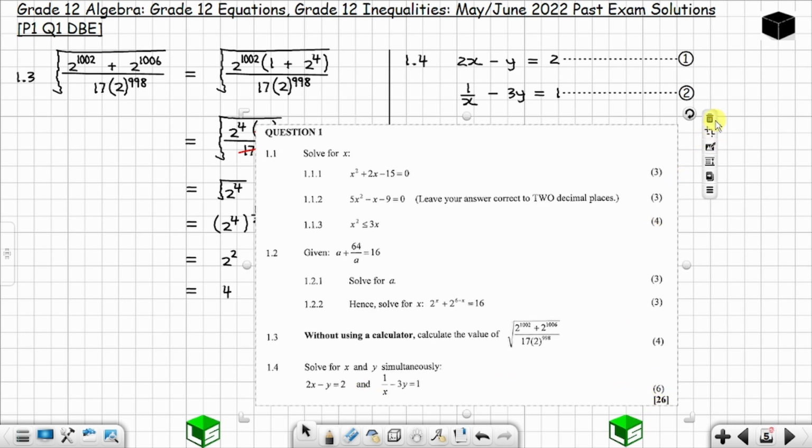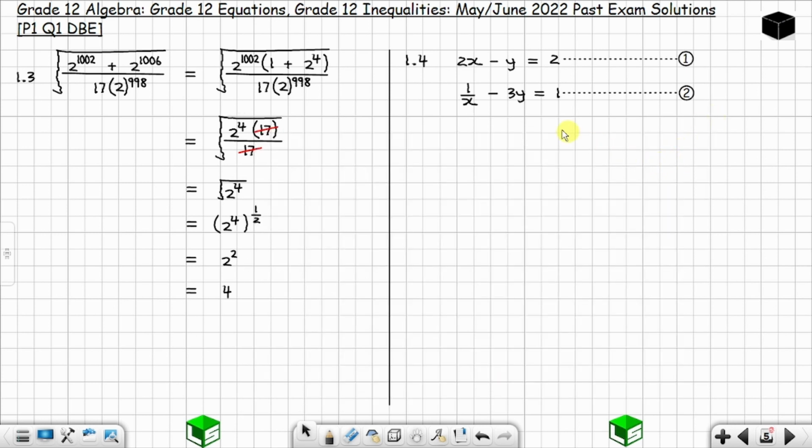From this, you have to make x or y the subject of the formula. You can use equation 1 or equation 2. Let me use equation 1. This is simple.